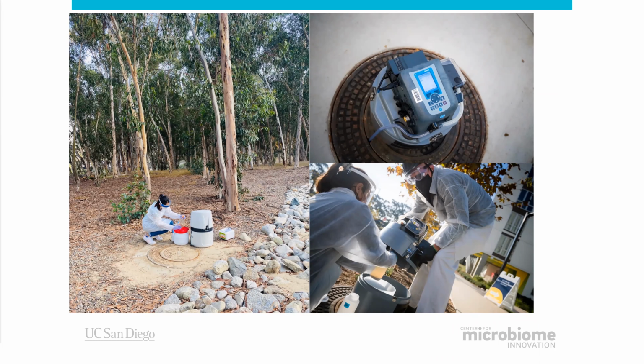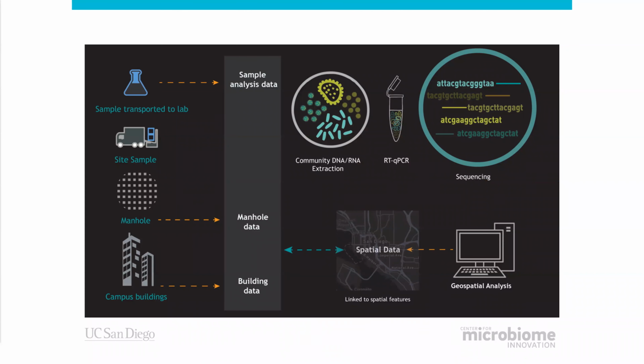That gray cylinder is essentially a glorified peristaltic pump that draws wastewater from the sewers beneath those manhole covers for a period of 24 hours. After that 24-hour period, we're left with about 1 liter of raw sewage that we then return to a laboratory and conduct genetic sequencing and real-time PCR assays of that material for the SARS-CoV-2 virus.